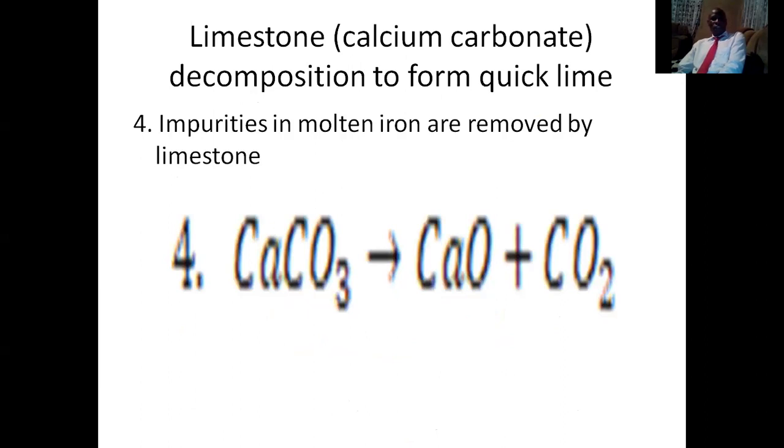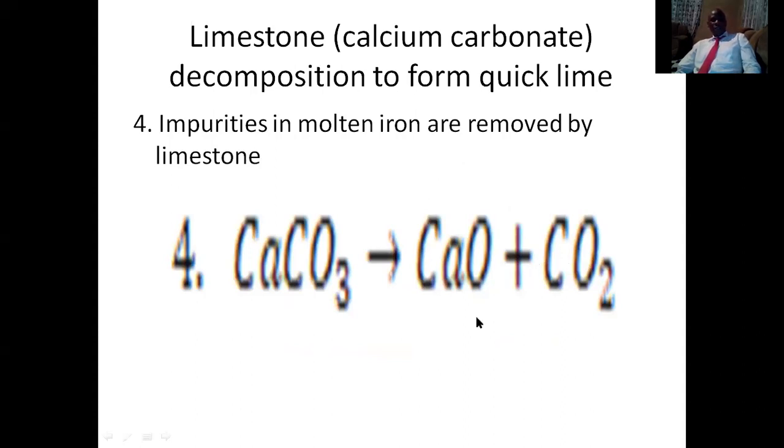First of all, we have to change it so that it forms calcium oxide or quicklime, and the quicklime is the one which reacts with impurities. So the limestone or calcium carbonate is first decomposed to form calcium oxide, which is quicklime, plus carbon dioxide.